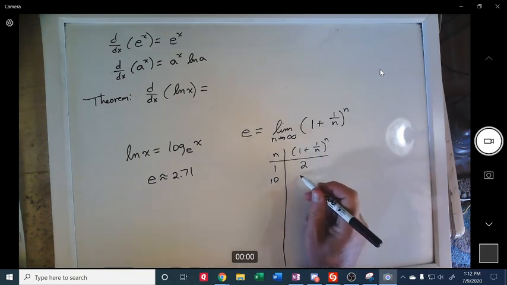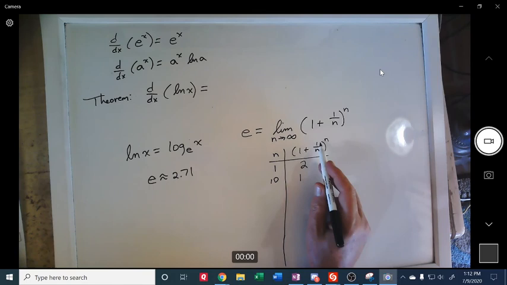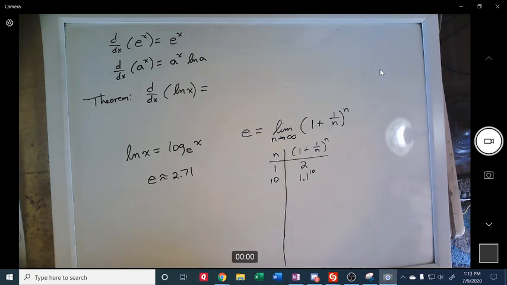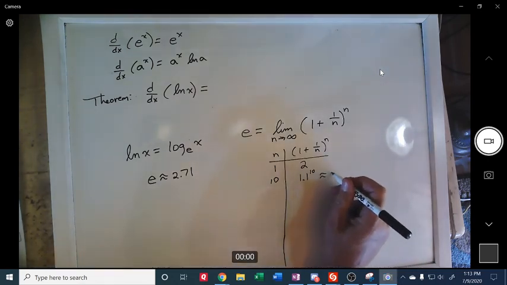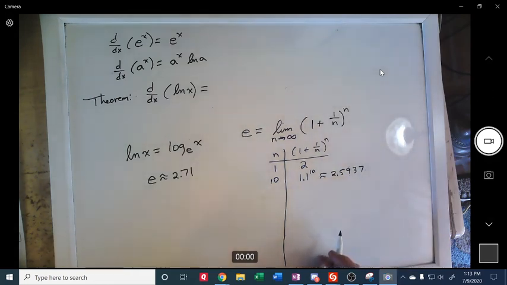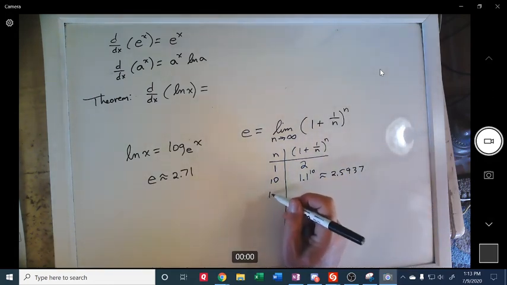But the fast way is 1 plus 1/10 is 0.1, so it's 1.1 to the 10th. If you pull out your calculator, you can quickly do this: 1.1 to the 10th power, and I'm going to get 2.5937, and so on. If I do 100.